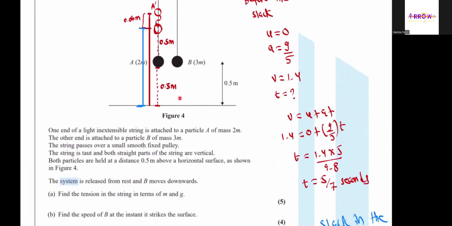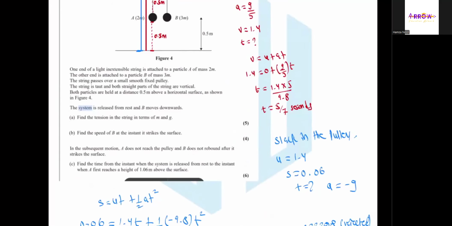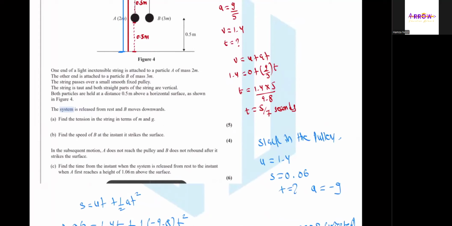But when particle B covers a distance of 0.5 meter below its initial position and strikes the ground, particle A will also cover 0.5 meter above its initial position, and there will be slack in the string over the pulley, due to which particle A will freely go upward under the motion of gravity, and then particle A will hang again.